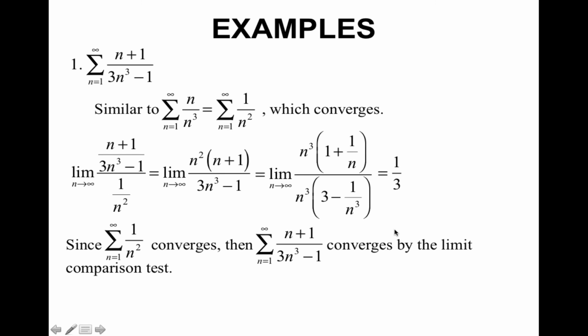So, since the series 1 over n^2 converges, then this converges by the limit comparison test. So, because I got the limit to actually be some finite number, therefore, my original series will do whatever the familiar series is doing. So even if the familiar series diverges and I was to get a value out here, therefore my original series would also diverge.